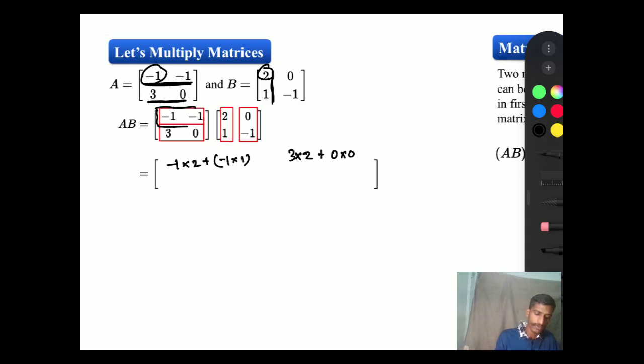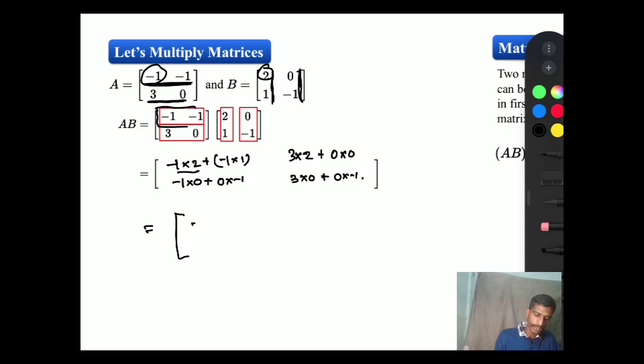Now we'll move next. You can also perform it vice versa. So here we'll get minus 1 into 0 plus 0 into minus 1, and 3 into 0 plus 0 into minus 1. So we'll get a value.